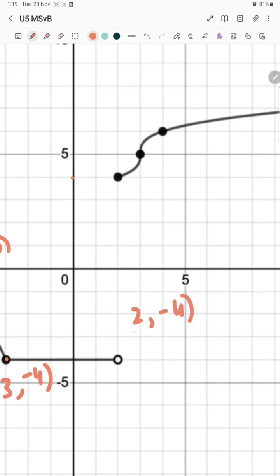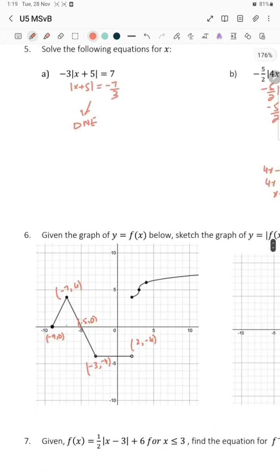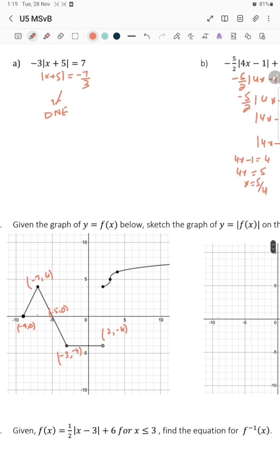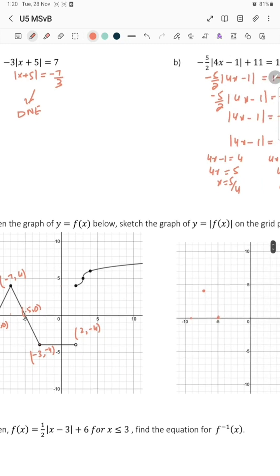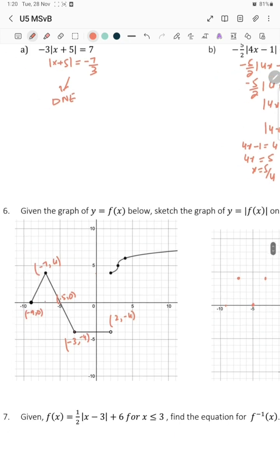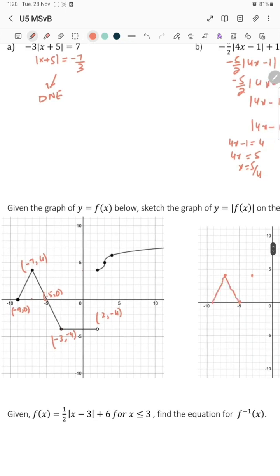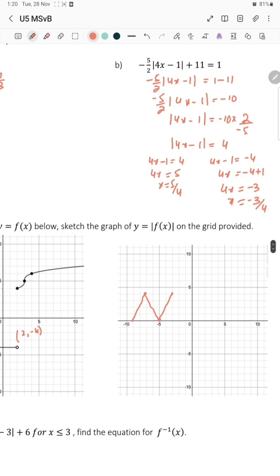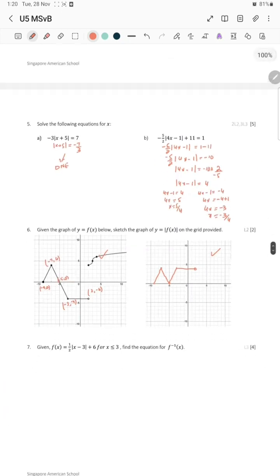Plus 2 and minus 4. And this will come as it is over here.